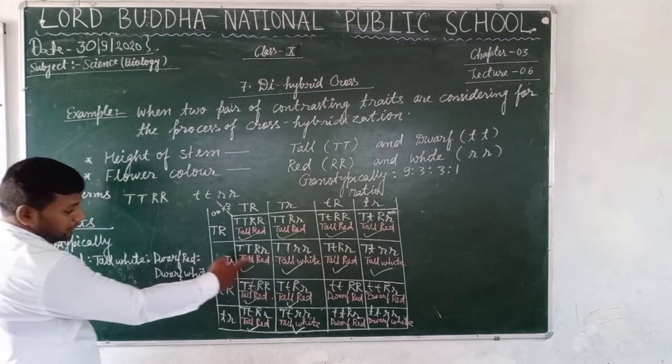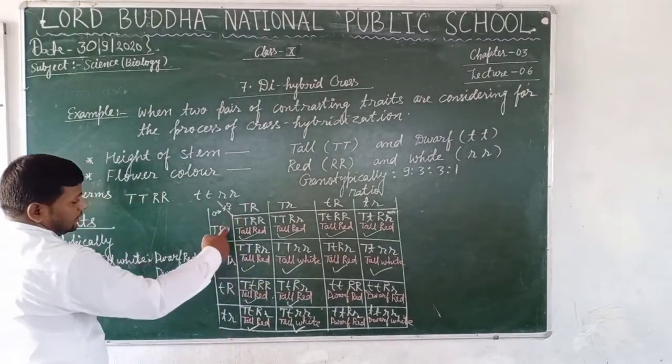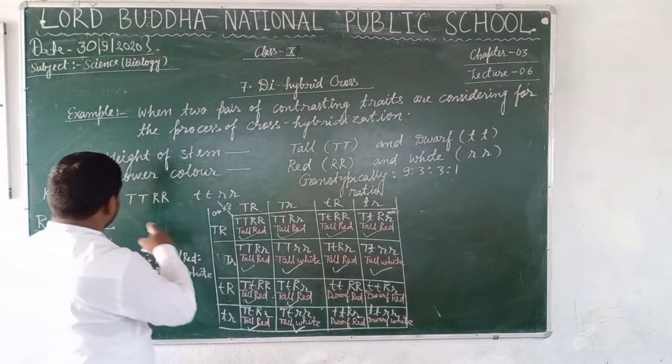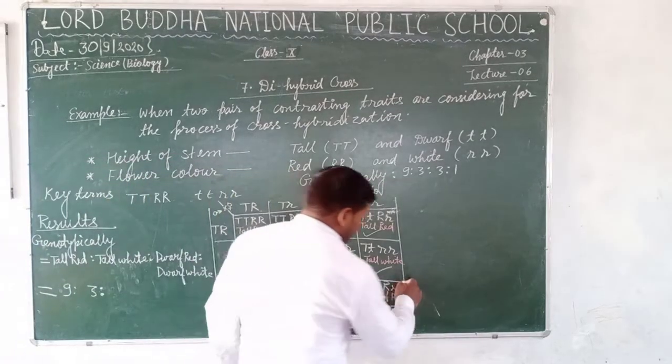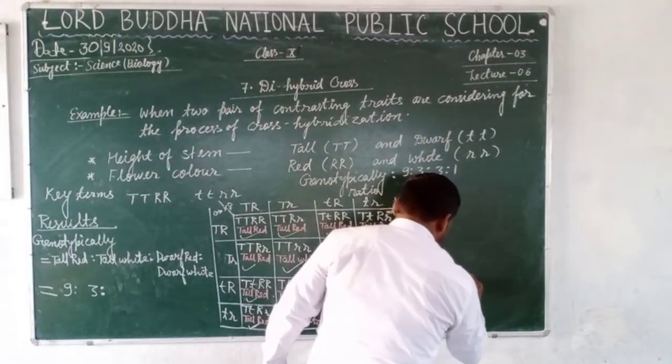This is the second filial generation, because first I crossed by the key terms, and these are the individuals of the F2 generation.